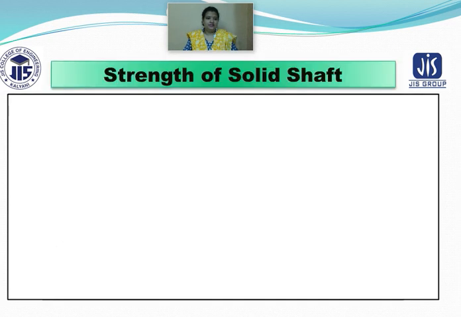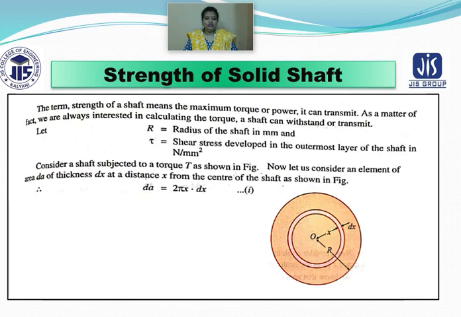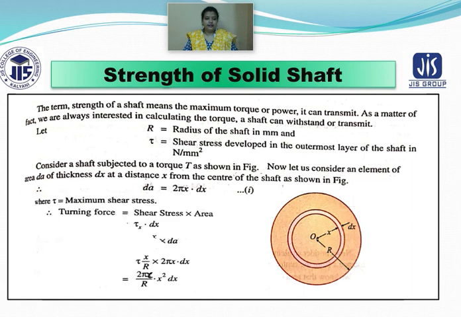So if I talk about the strength of a solid shaft, you can see this is a circular section of the shaft. We are considering a point O, and at a distance of x you have taken a strip, where r is the radius of the shaft and tau is the shear stress.